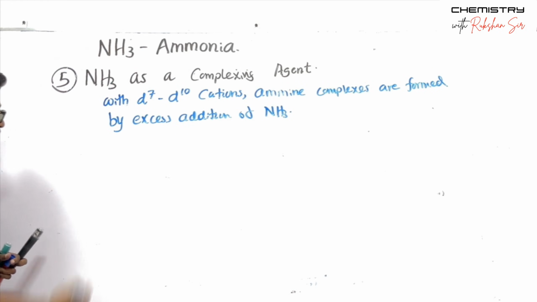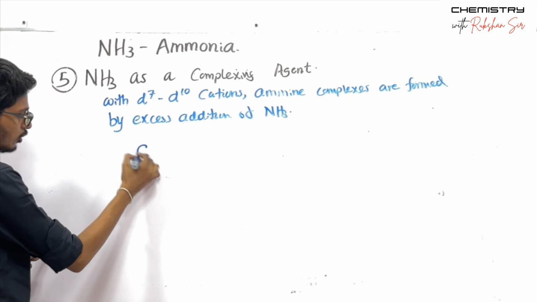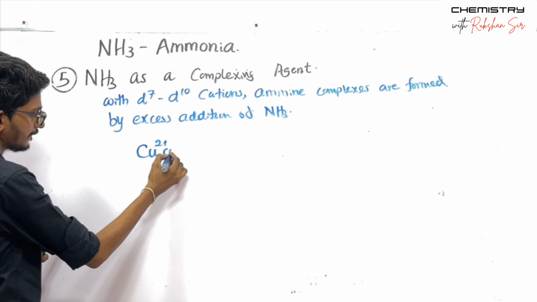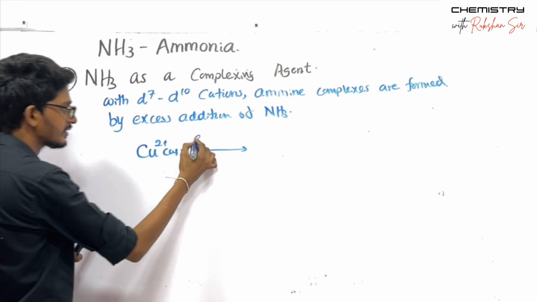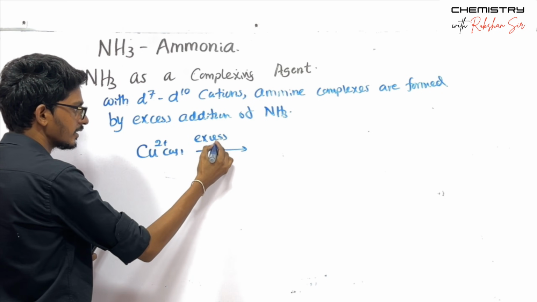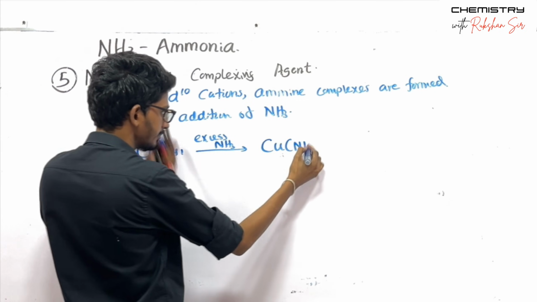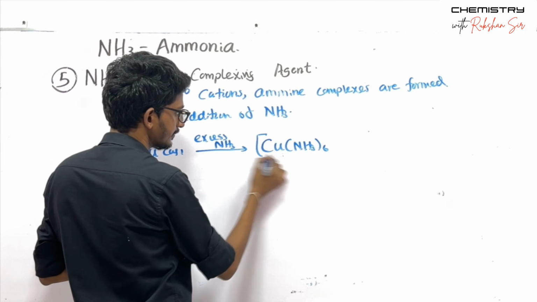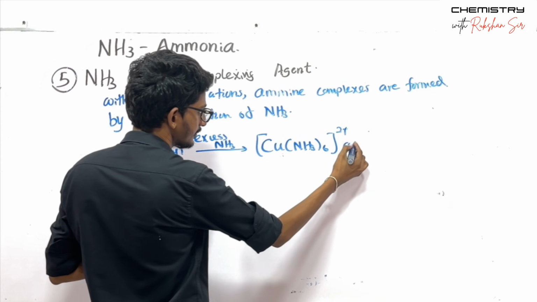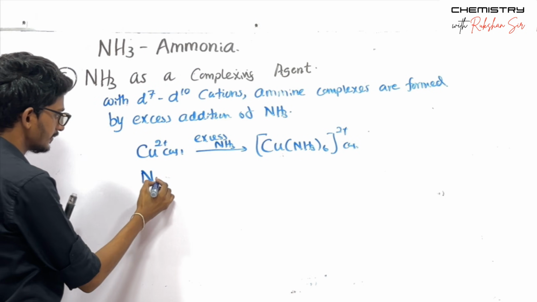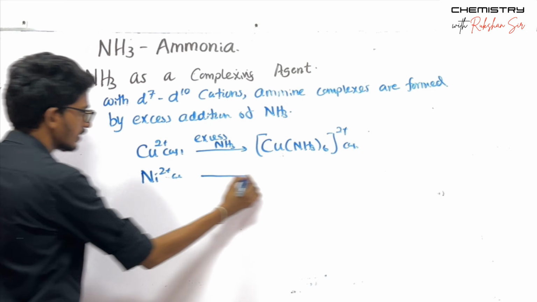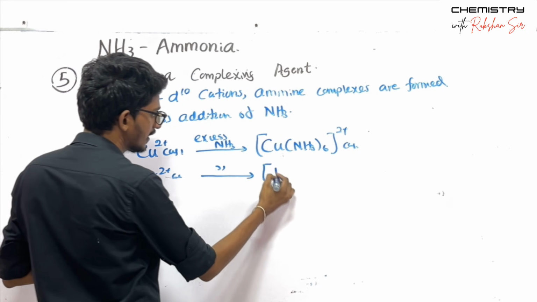Right? So see, with copper, if you add excess NH3, you will come up with the copper amine complex. With nickel, with excess ammonia, you will come up with the nickel amine complex.